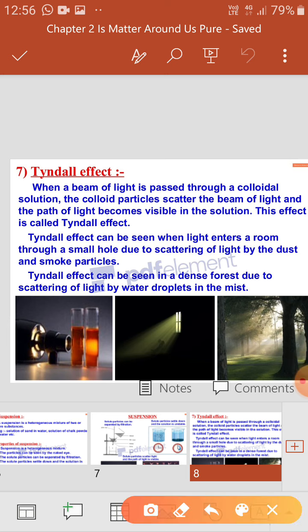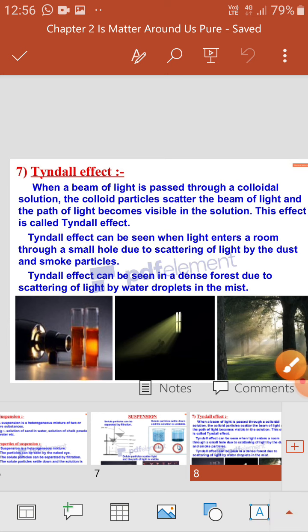You have to see that the Tyndall effect is there only when the solution is colloidal. When a beam of light is passed through a colloidal solution, the colloid particles scatter the beam of light, and the path of light becomes visible in the solution. This effect is called the Tyndall effect.